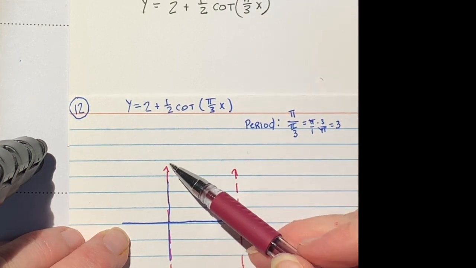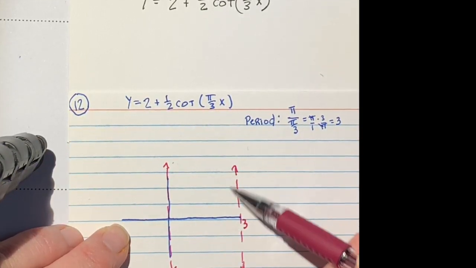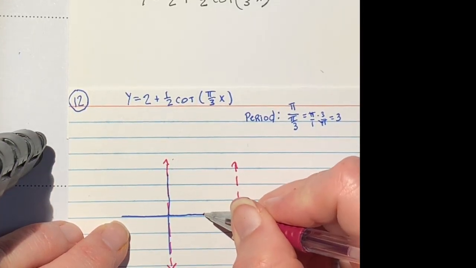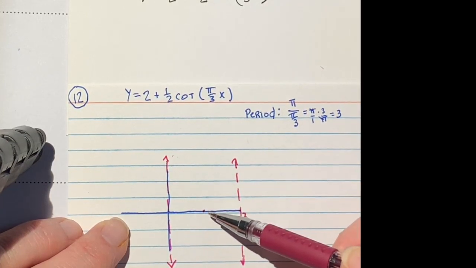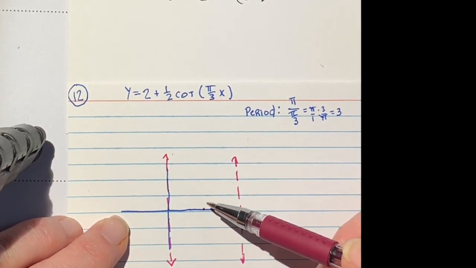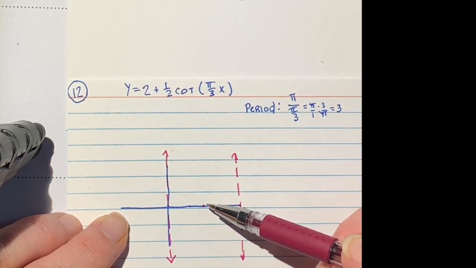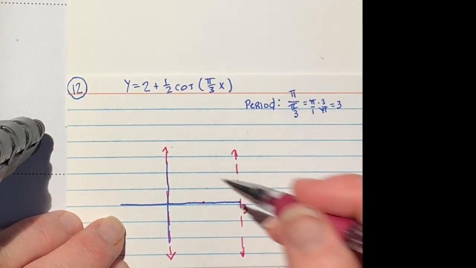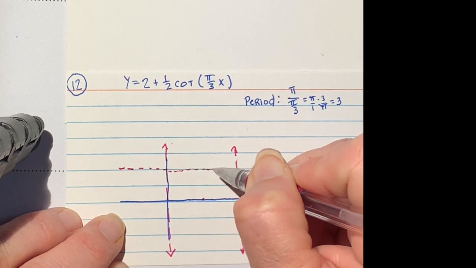But with tangent and cotangent, at the beginning and end of their cycle, they always begin and end with asymptotes. In the middle of their period is where their x-intercept is. So I would end up crossing the x-axis at 3/2, 1.5. And I also have the vertical shift up of 2, so I've got to take that into account. So let me go ahead and put my x-axis shifted up here, that way I don't forget to shift up 2.